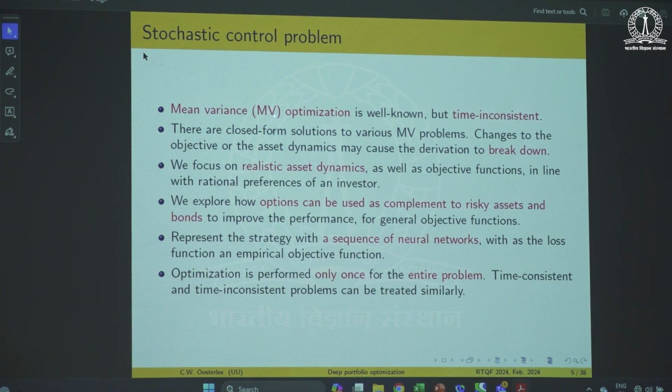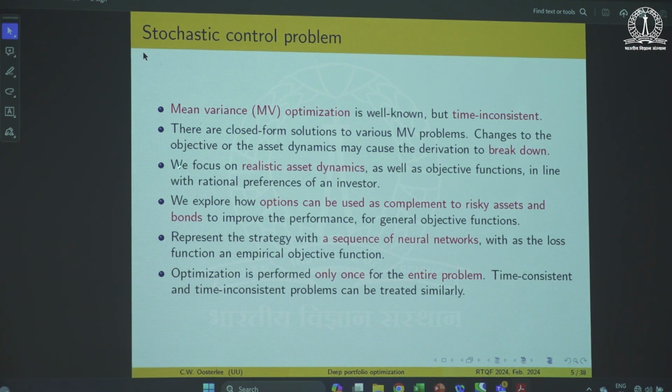So mean variance optimization is well known, but it's time inconsistent. There are analytic solutions, but if we change the objective or the asset dynamics, because it's only when we have geometric Brownian motion for the asset dynamics, so normal stock returns, that we have an analytic solution. Otherwise, the derivation of the analytic solution would break down.